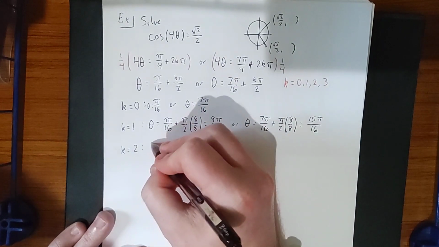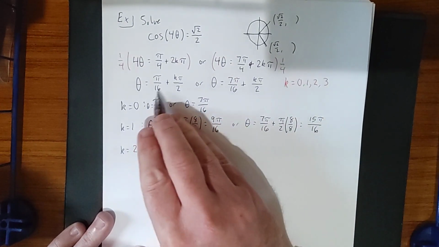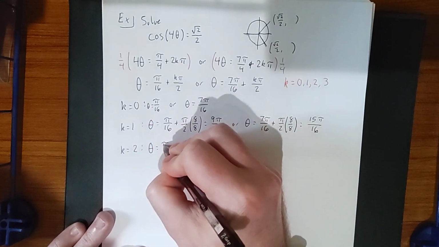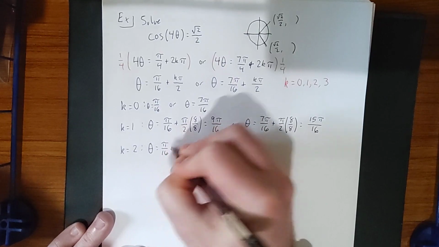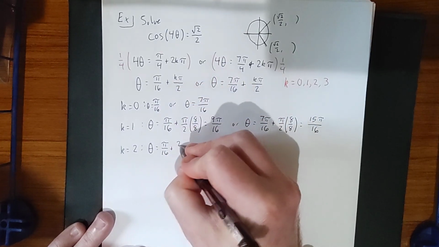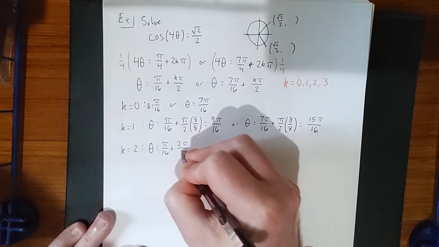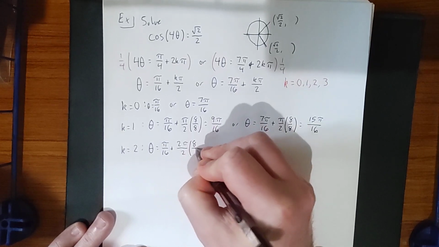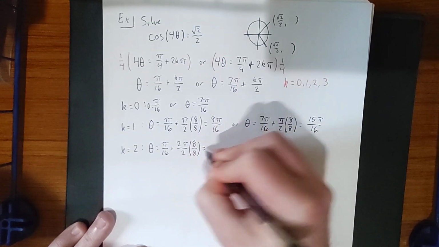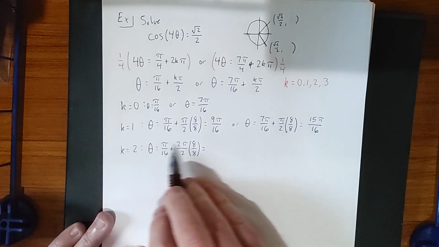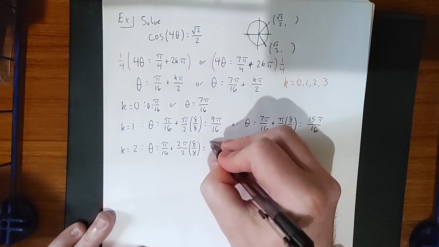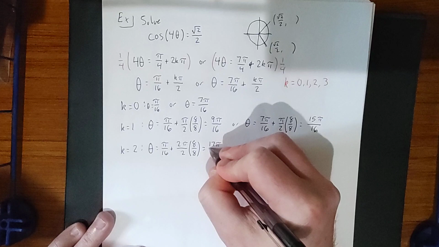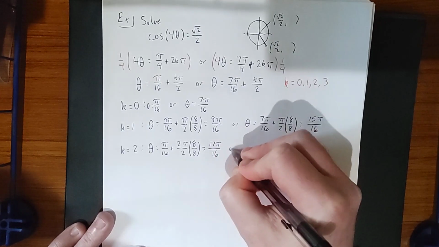For k equals 2, our first solution gives us pi over 16 plus 2 pi over 2. Normally I'd say reduce that, but we need a common denominator anyway. So we'll go ahead and multiply that by 8 over 8. Pi plus 16 pi for the numerator will be 17 pi over our common denominator of 16.